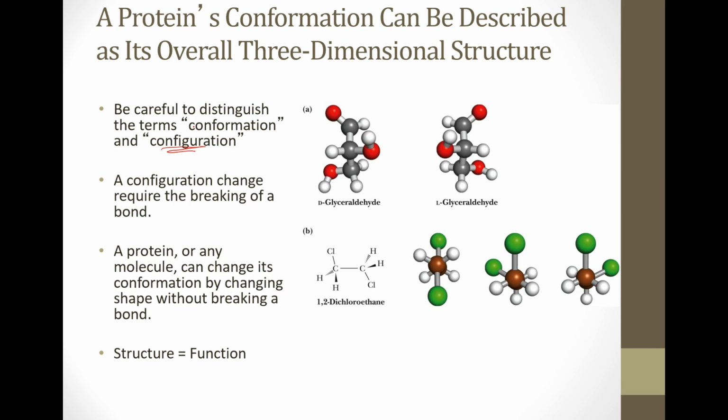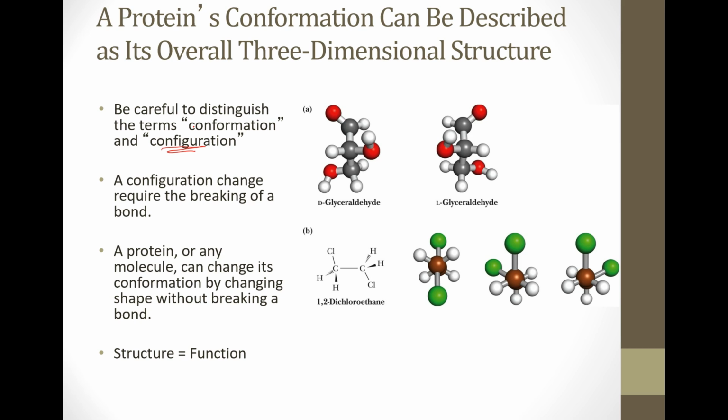The conformation doesn't involve the actual breaking of bonds. It involves the spatial redistribution of something so that it reaches an energetic minimum or is activated by association with something else, but no bonds are actually broken in the altering of a conformation.